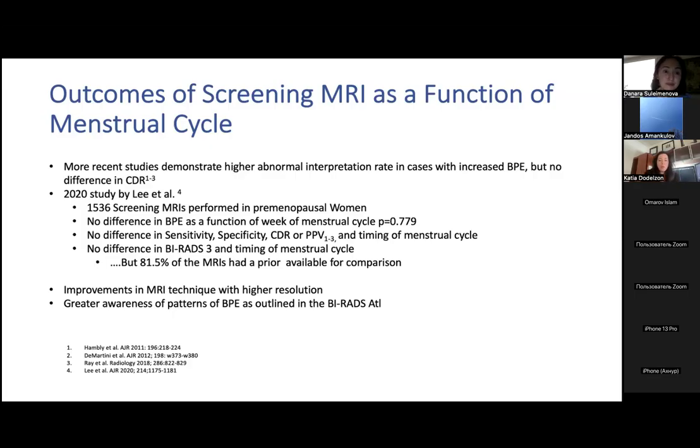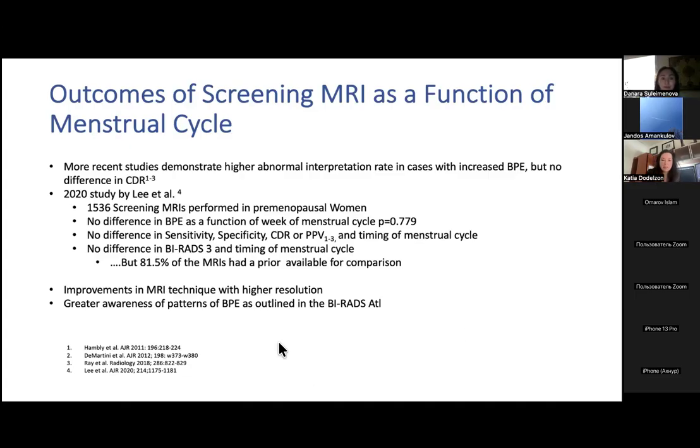Since then, with newer studies, it has been suggested that although we have higher abnormal interpretation rates and a higher rate of false positives in patients with BPE, it does not compromise our ability to detect a cancer, meaning our cancer detection rate does not decrease in the setting of BPE.